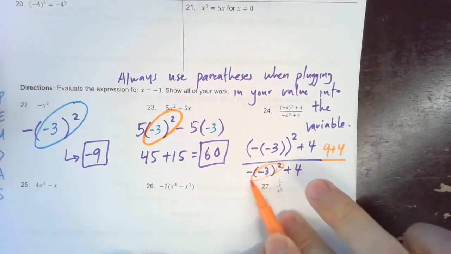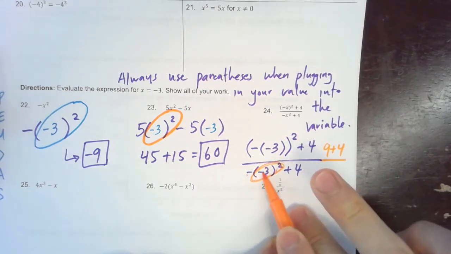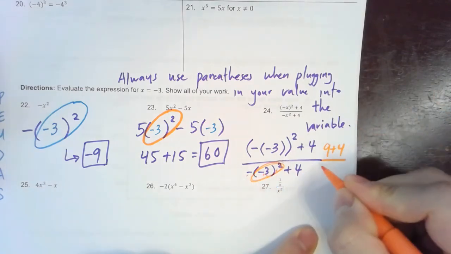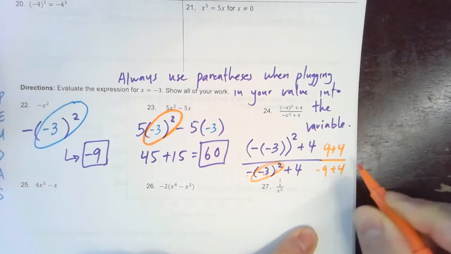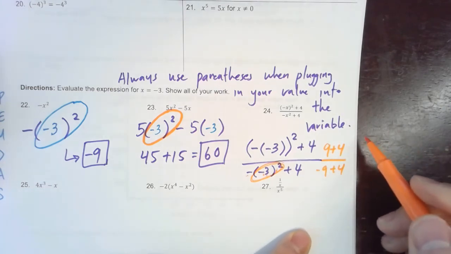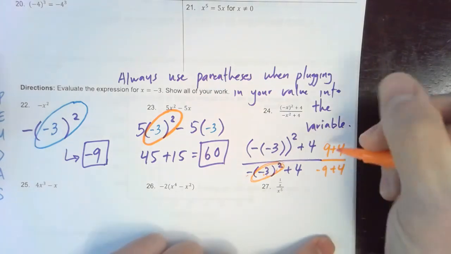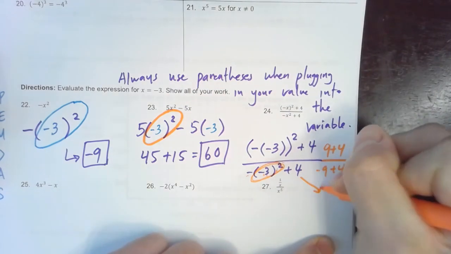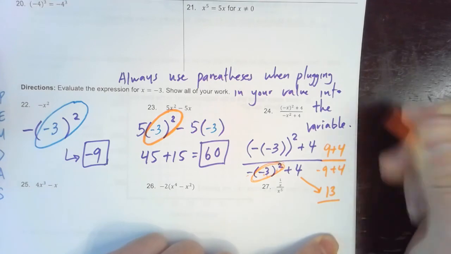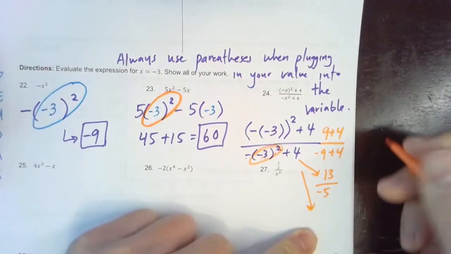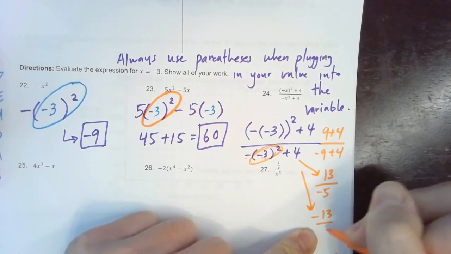This is 9, and then the negative is attached after, so it's negative 9, and then negative 9 plus 4. Well, that's different than 9 plus 4, right? So 9 plus 4 is 13, and then negative 9 plus 4 is negative 5. Final answer should be negative 13 over 5.